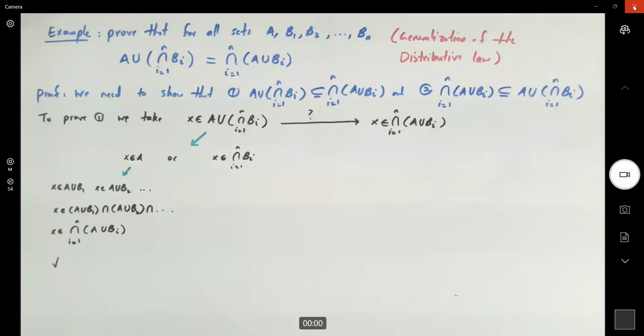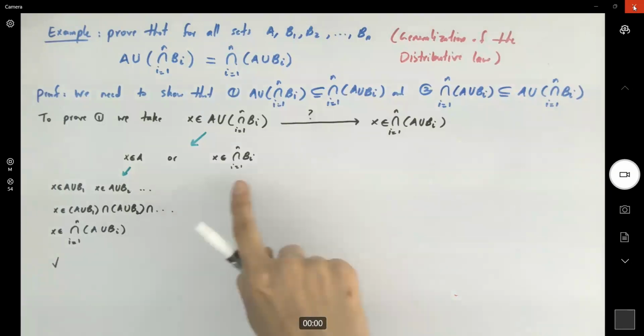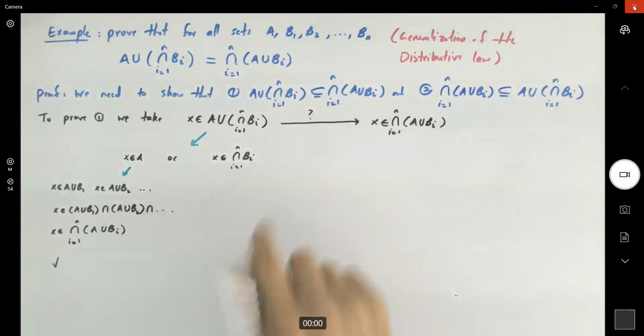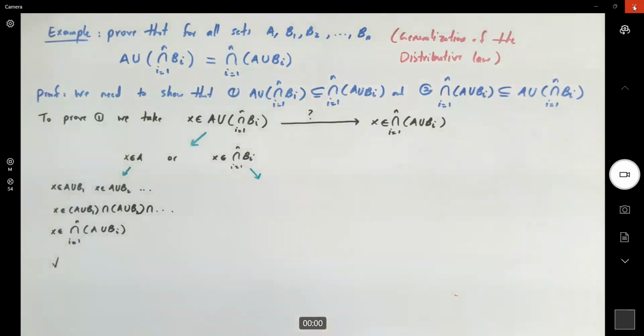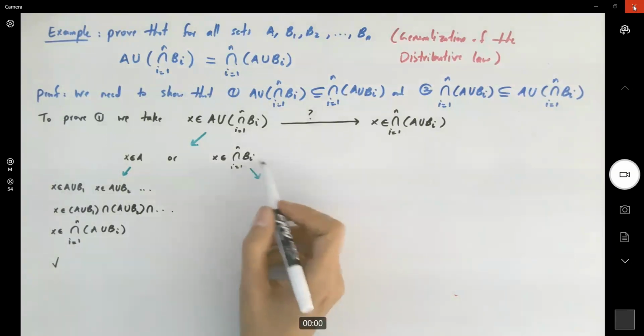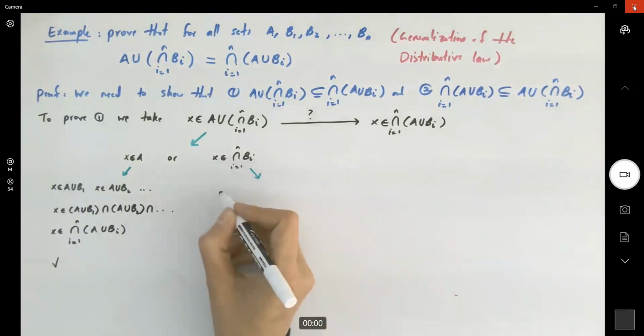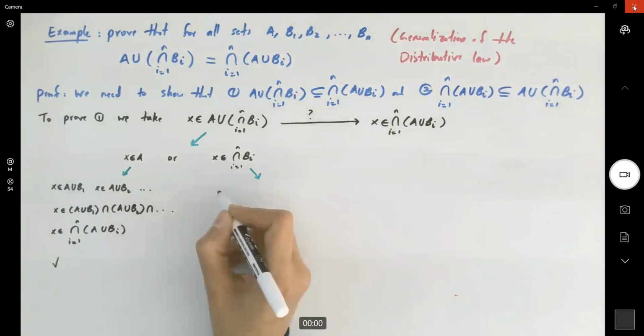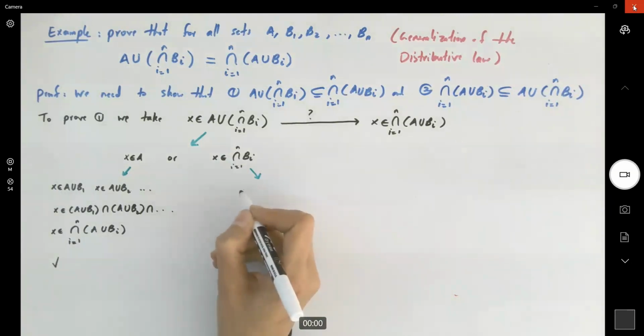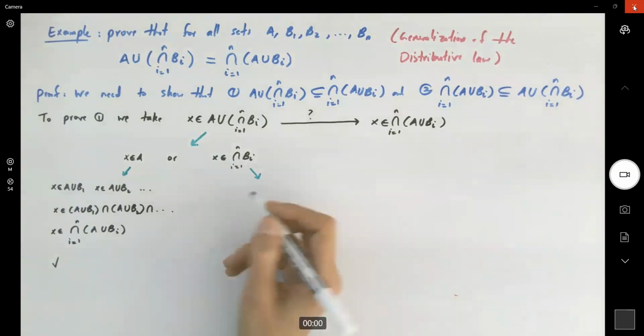Now, what if x belongs to this intersection? Okay, let's analyze this case. When x belongs to the intersection of Bi's, what's the meaning of that? It means that by definition, x belongs to each one of these Bi's.